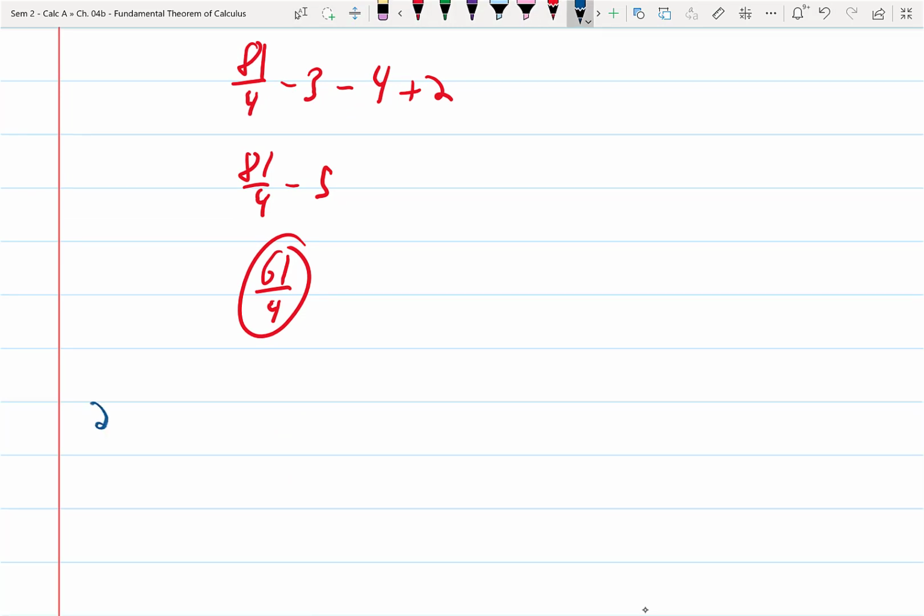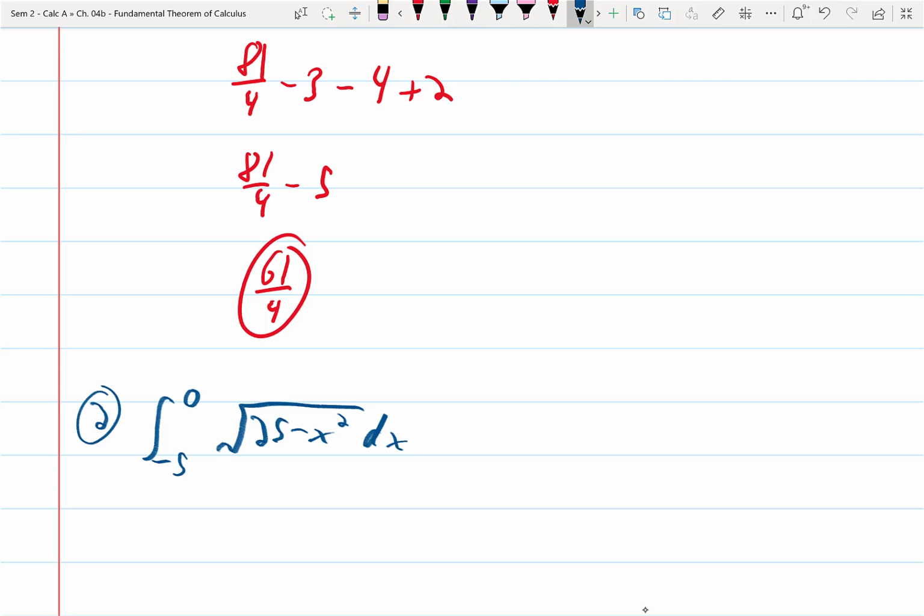Okay, next one. Number 2. The integral from -5 to 0 of radical 25 minus x squared dx. We are going to use all of our techniques that we have, and the technique here is one of, we are going to recognize exactly what kind that is.